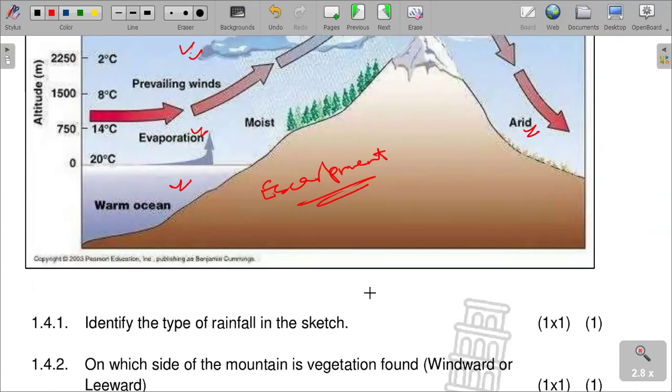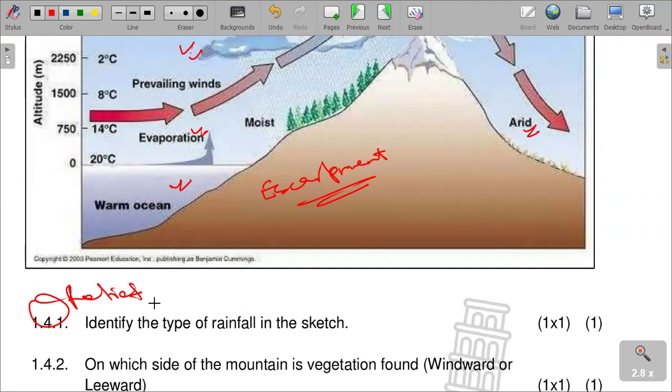So let's see the questions that follow in this regard. Identify the type of rainfall in the sketch. We call this relief rainfall.